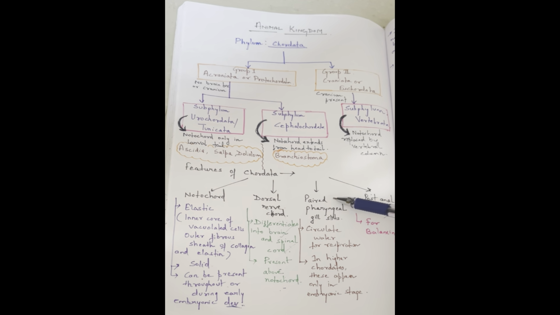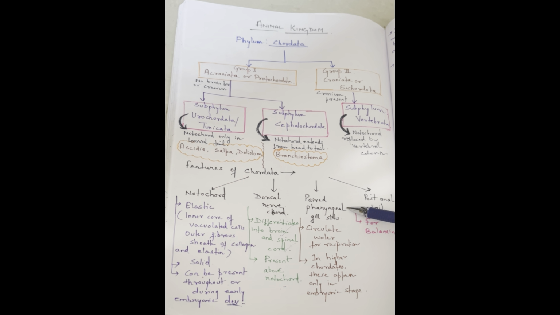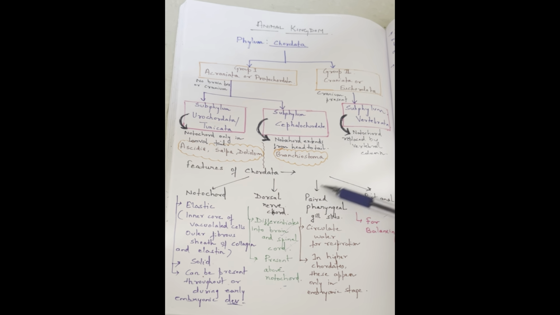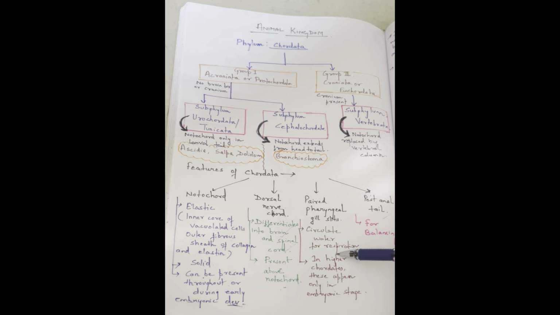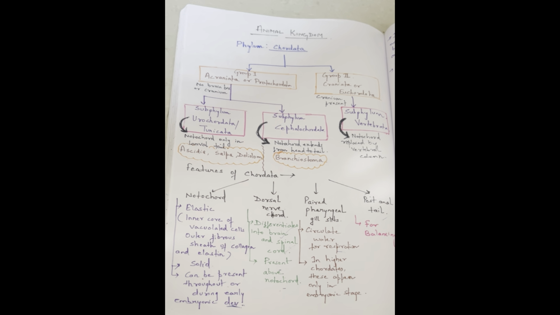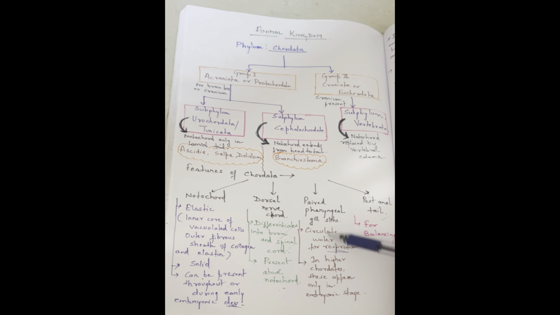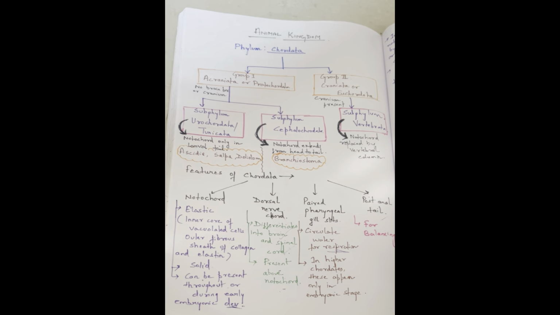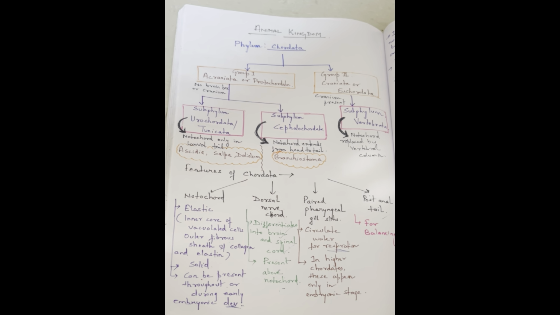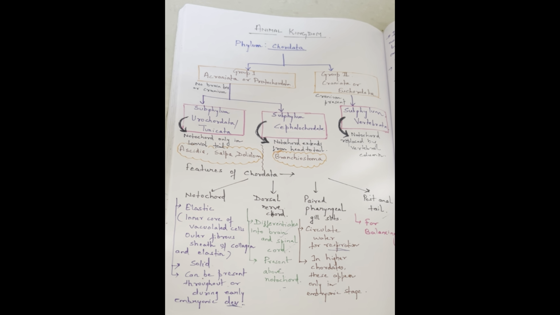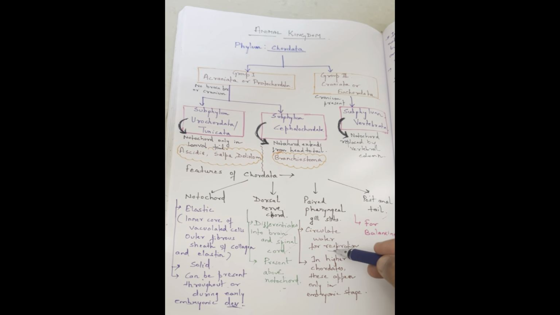Now, the third point is the pharyngeal gill slits. They circulate water for respiration. In the later stages, when development proceeds, the respiration part will be done by structures which these pharyngeal gill slits modify into. In the higher chordates, the higher vertebrates, you will find the presence of lungs.